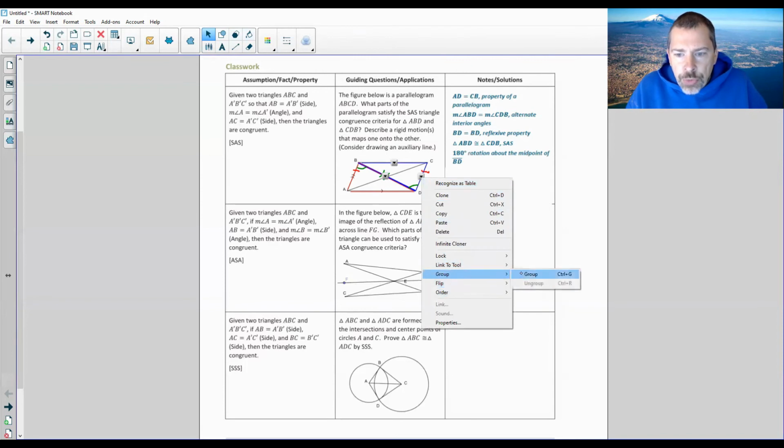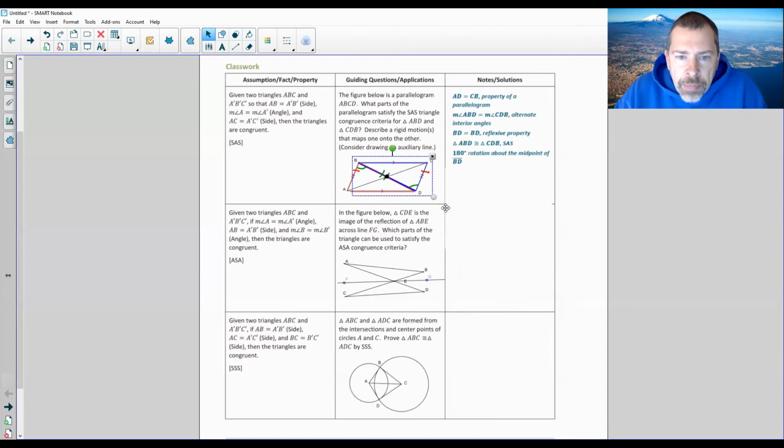But if I grouped and made this triangle, if I rotated that 180 degrees, but I kept the center of BD where it was, now you see the blue landed right on top of the red. So it is a 180-degree rotation around the midpoint of BD. And there's problem number 1.